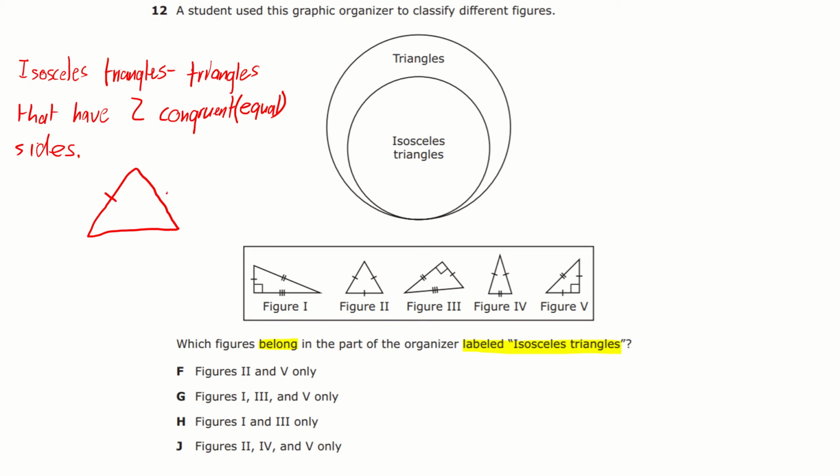If we had one tick mark here, then that shows that these two legs are equal since they have the same number of tick marks. And let's say we add 2 tick marks here at the bottom.